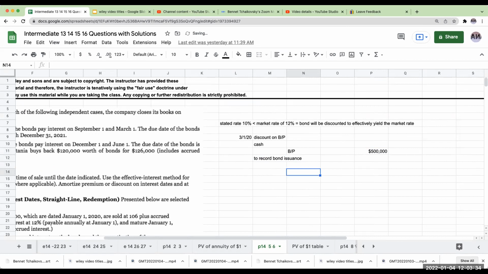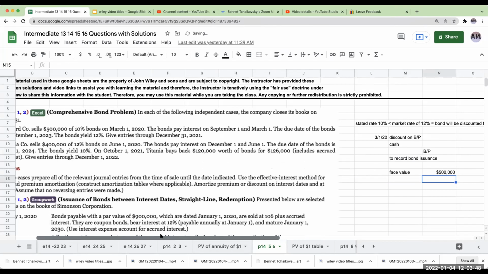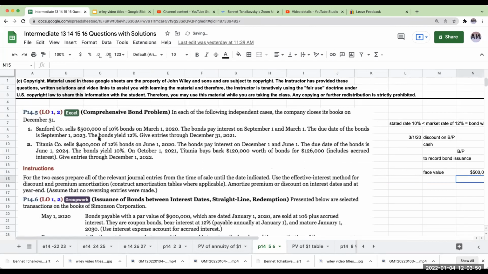So a bond works as though it's an interest-only loan. I'm going to have the face value of the bond, which is paid at the due date of September 1st, 2023.